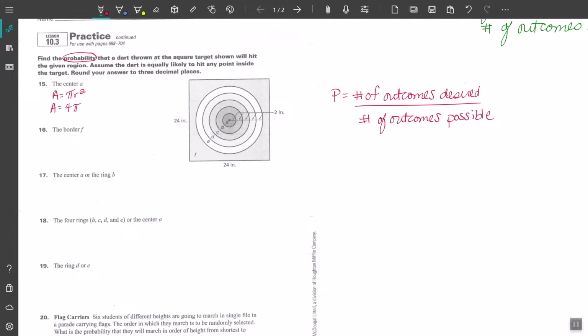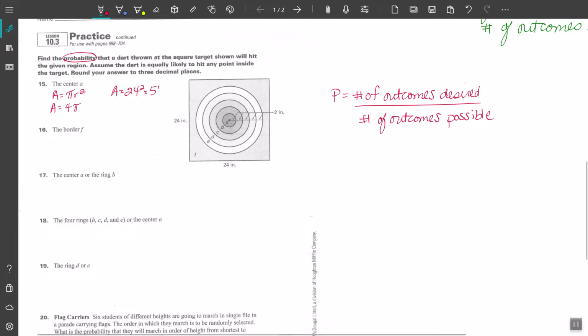If you throw a dart, it could hit anywhere on this dartboard. So the total number of outcomes of where it could possibly hit is actually the area of the entire square. The length is 24, the width is 24, so the area of that square is just 24 squared.